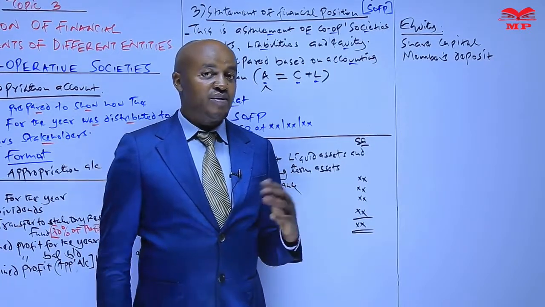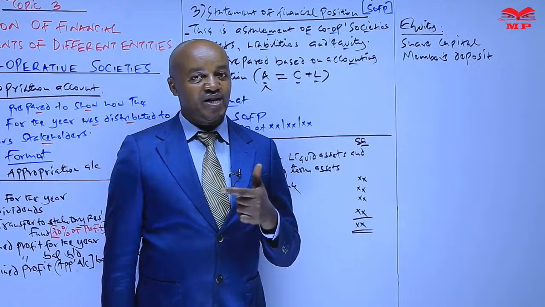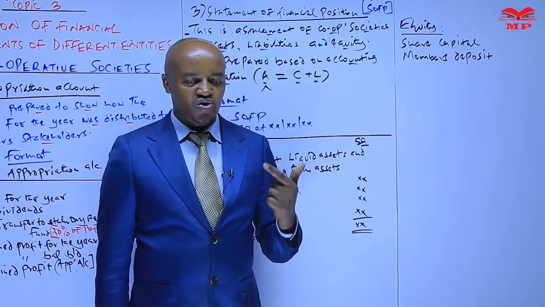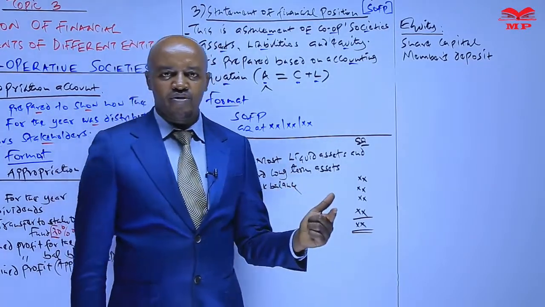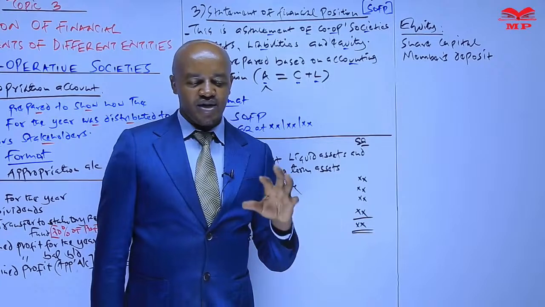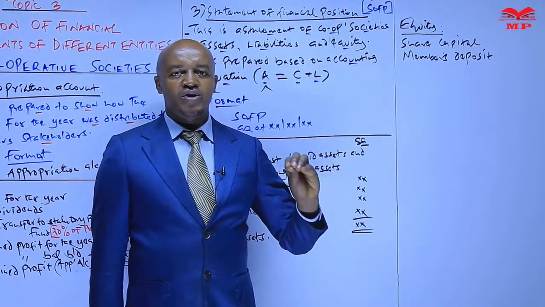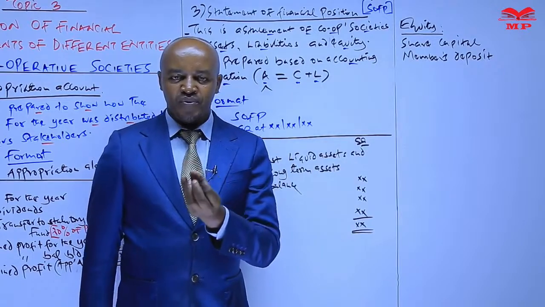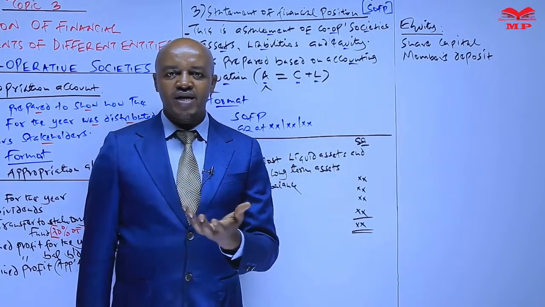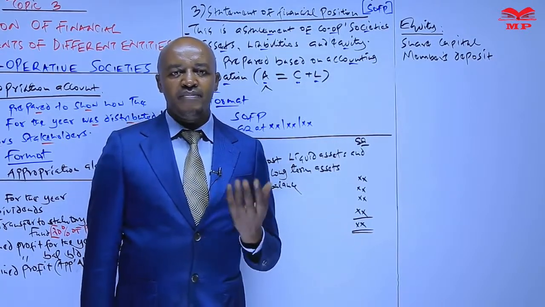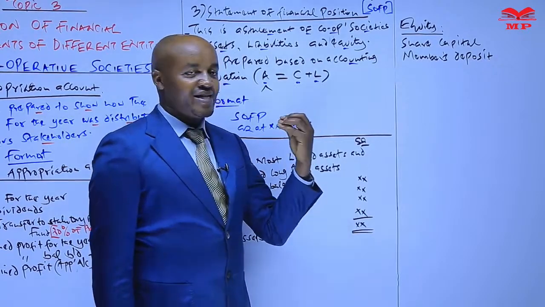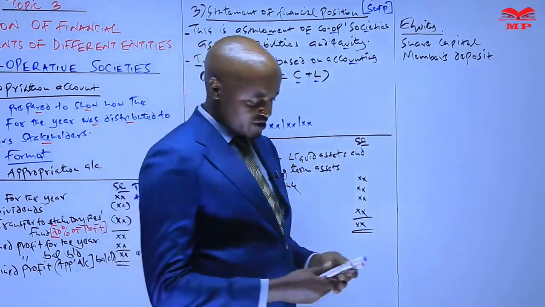You can only get it back if you want to quit from that particular cooperative society. So that money remains with the SACCO. The SACCO uses that as capital, because mostly SACCOs use that money in giving loans to members, and that's why we are treating that as part of capital.